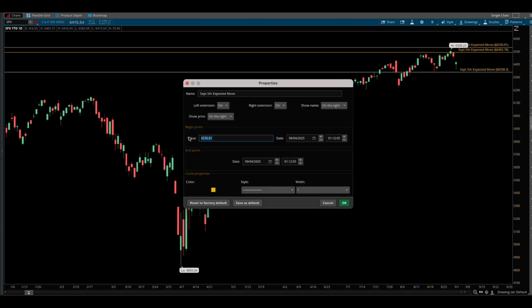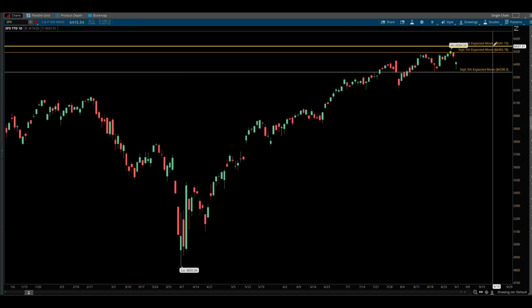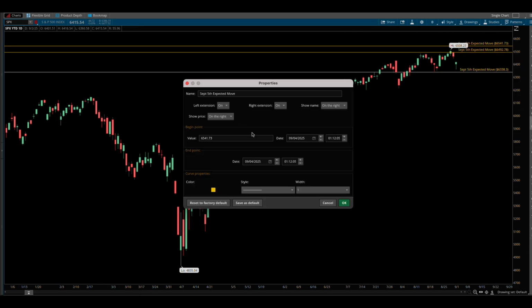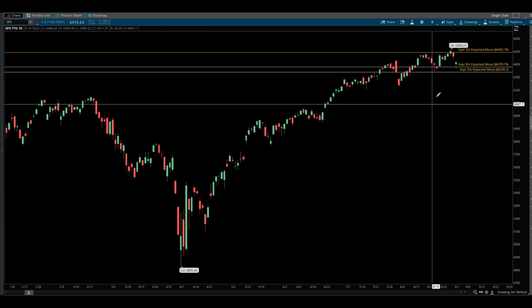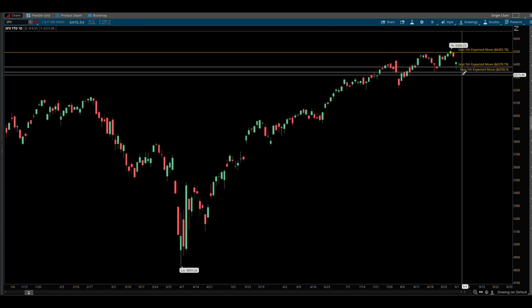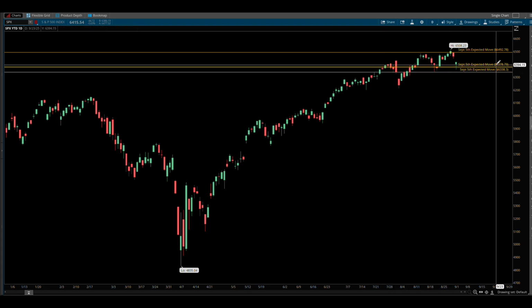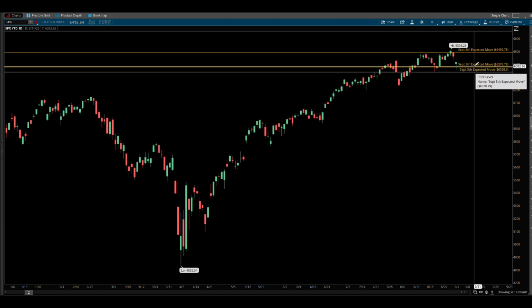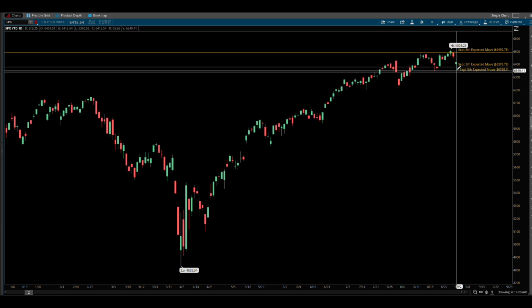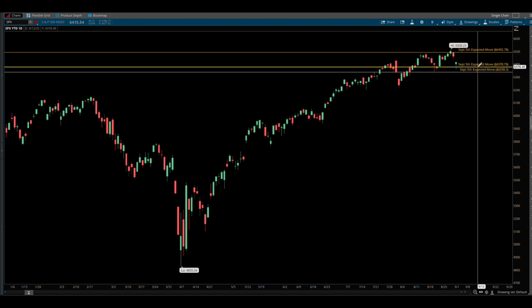The reason this is so important to understand is that the moves you think are crazy and outlandish when you're trying to day trade, you might think, what the heck is going on? Okay, so this was the lower weekly expected move. As you can see, we went down below it, and then we popped back up on top of it.